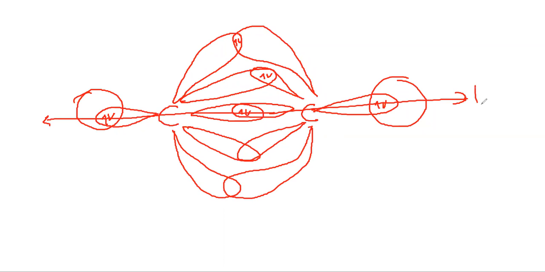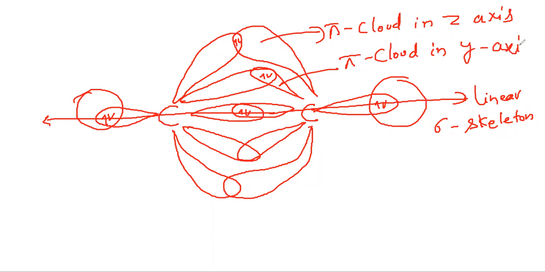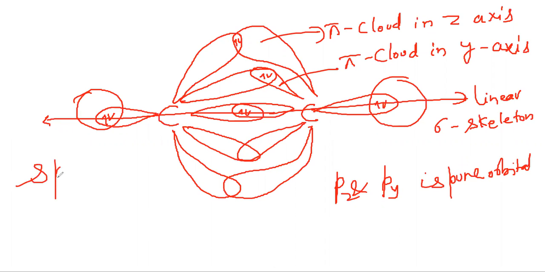It is a linear molecule. It has a sigma skeleton, and these are the pi clouds in the z axis, and this is the pi cloud in the y axis, because pz and py are pure p orbitals and the hybridization is sp hybrid orbital, such that px is utilized in this.